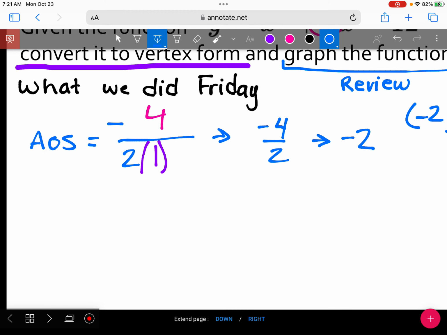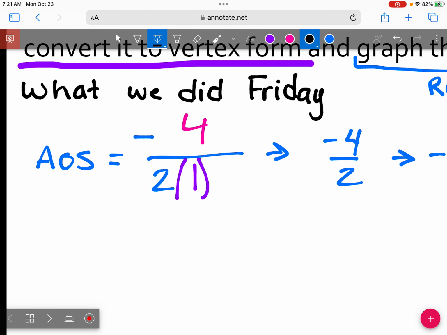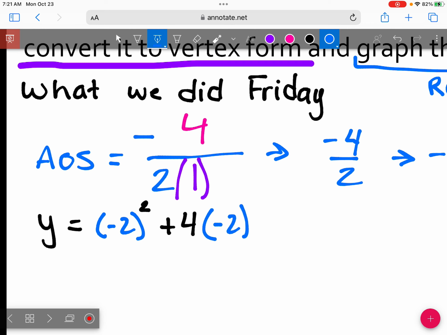To find our y value, we're going to substitute in y equals negative 2 squared plus 4 times negative 2 minus 12. Substitute it into the whole equation.